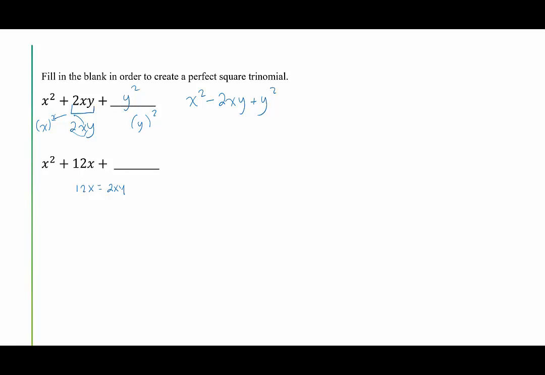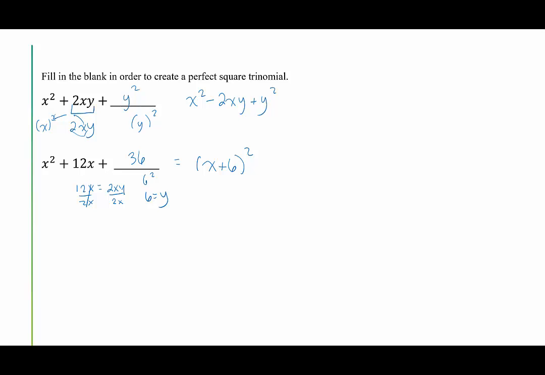If we want to get y by itself, I'm going to divide both sides by 2x, and we end up with 6 equaling y. Do we put 6 in the blank? No, because y squared goes in the blank, so this should be 6 squared, which is 36. Then this would factor into x plus 6, quantity squared.